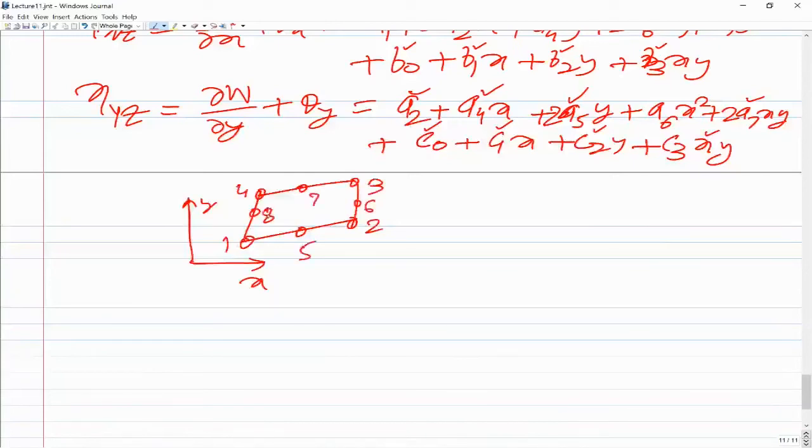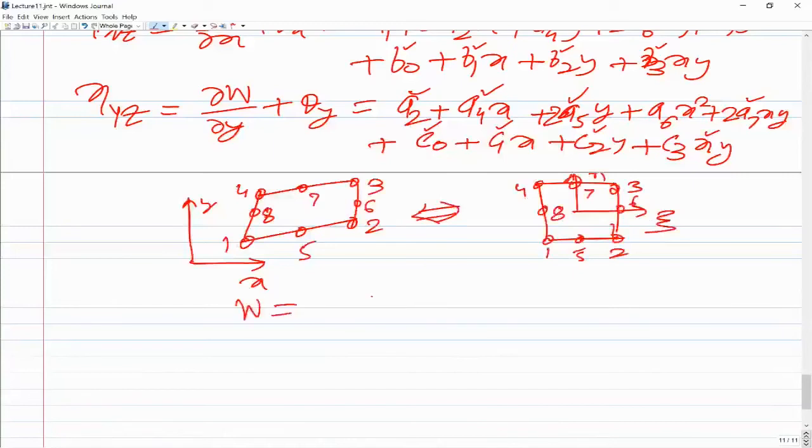These are the local node numbers, and this element is mapped, as you know, to the square in the natural coordinate space. So you have xi and eta. Corner nodes and mid side nodes, 1, 2, 3, 4, 5, 6, 7, and 8. So now in this, you will interpolate w as summation i going from 1 to 8, Ni wi.